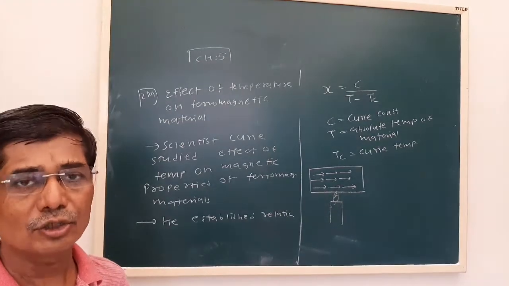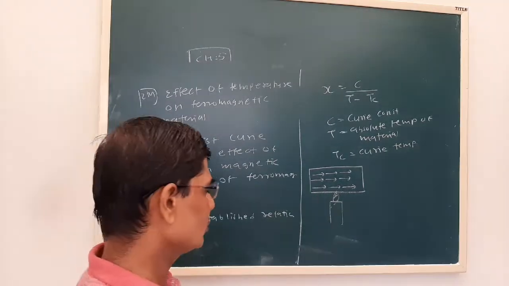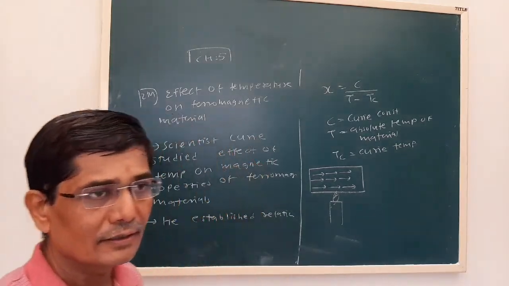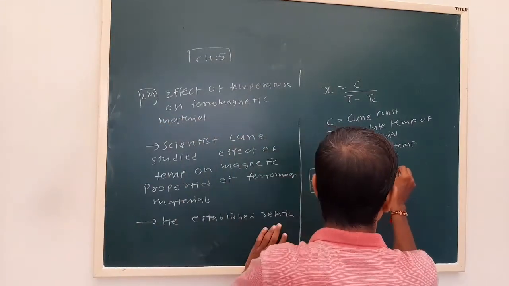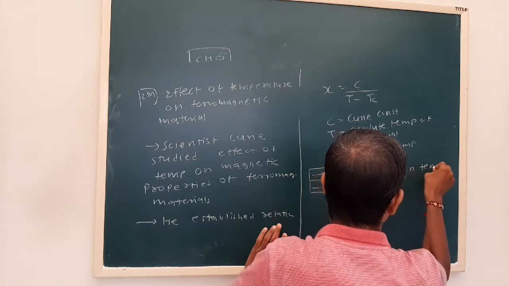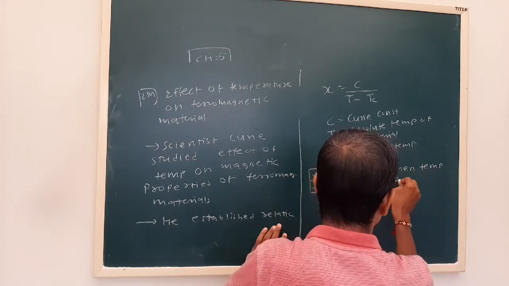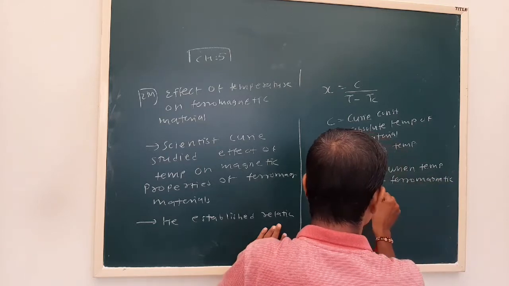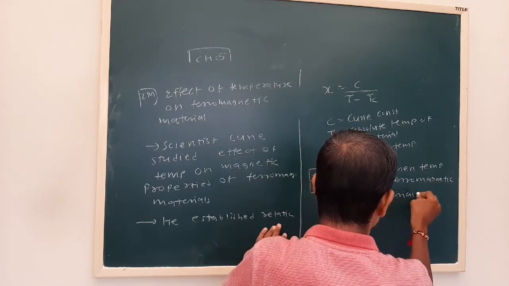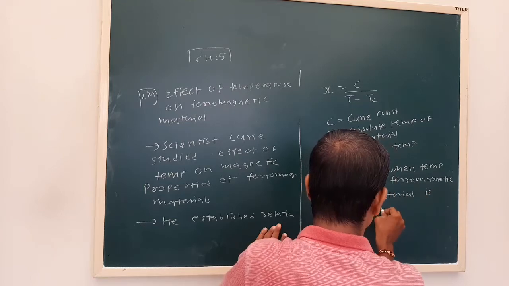This is called distortion, where the bonds between the molecules or atoms break when temperature is increased.